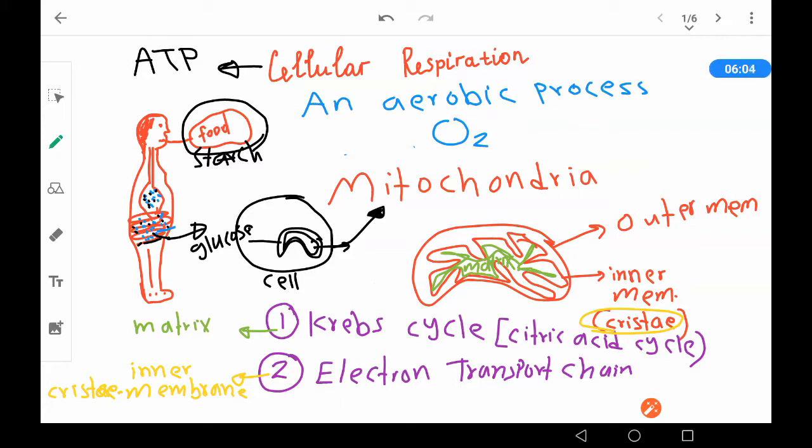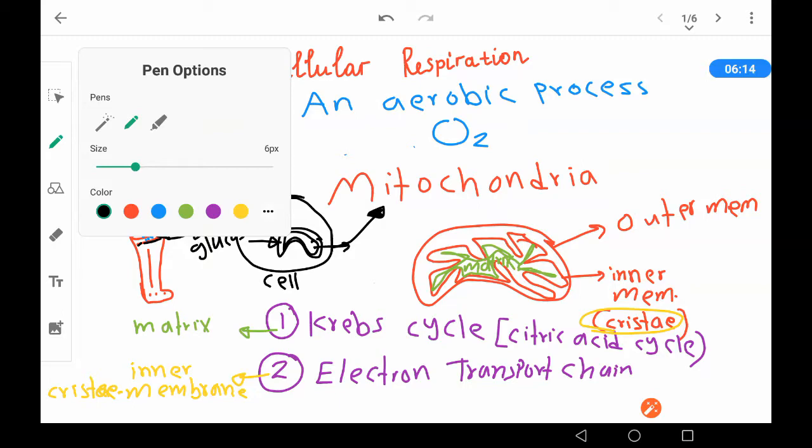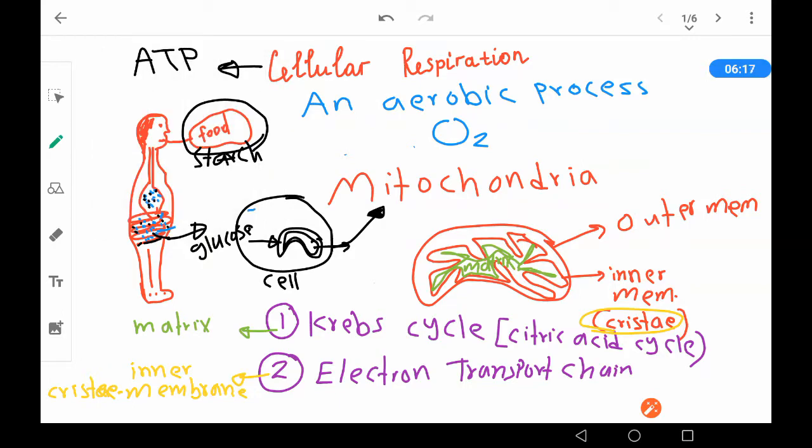Before entering into the mitochondria, the glucose will go through a process we call glycolysis. It's like a preparation for cellular respiration.